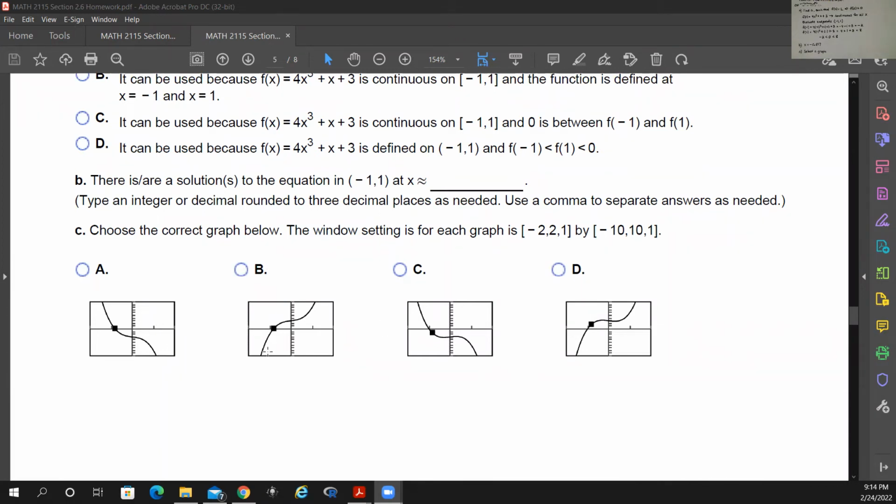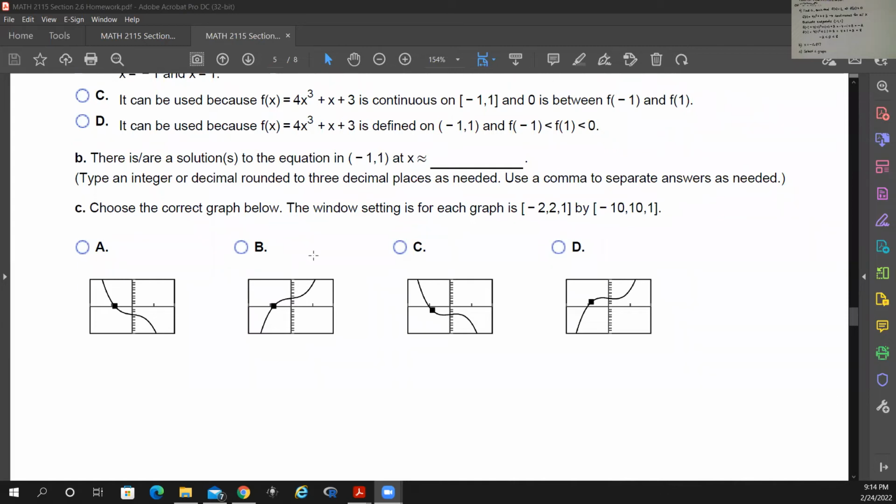And sometimes I'll go ahead and change the window off camera. I think the one that I got right here is choice B. Okay. So choice B would be the best graph for that equation.